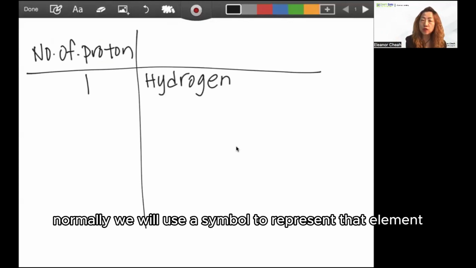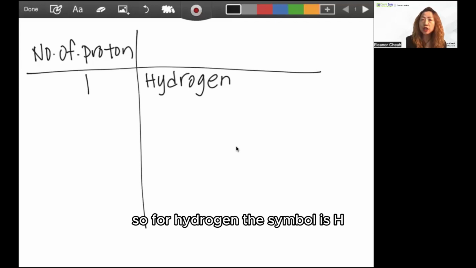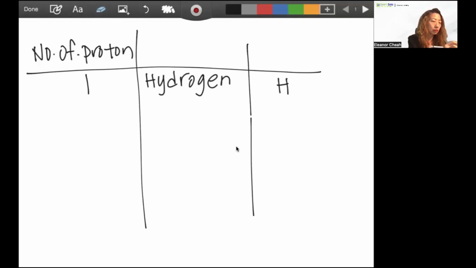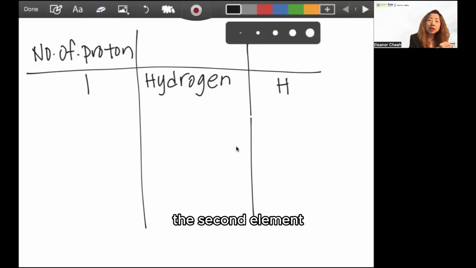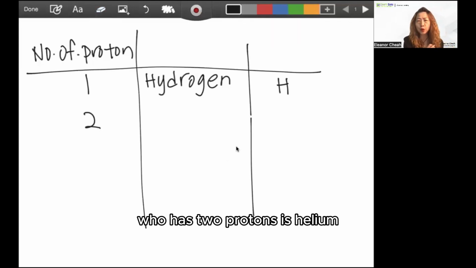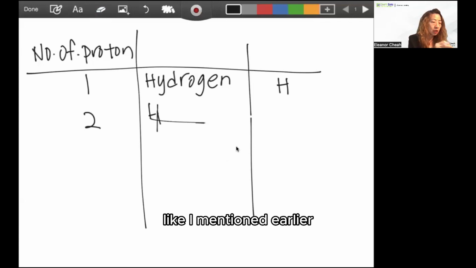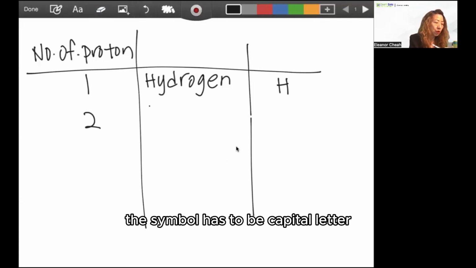Normally, we will use a symbol to represent that element. So for hydrogen, the symbol is H. The second element which has 2 protons is helium. Like I mentioned earlier, the symbol has to be a capital letter.